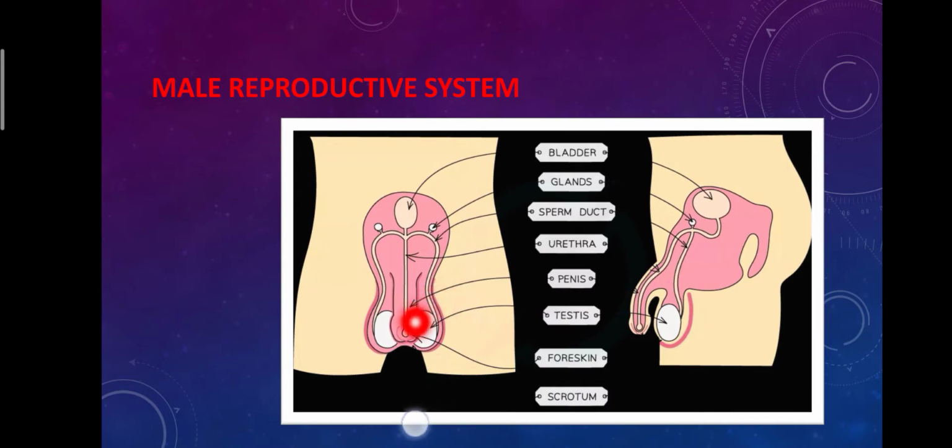Penis is present in this area and here it is present. Testes are there. Foreskin is this and scrotum. So these are all the structures of the male reproductive system.